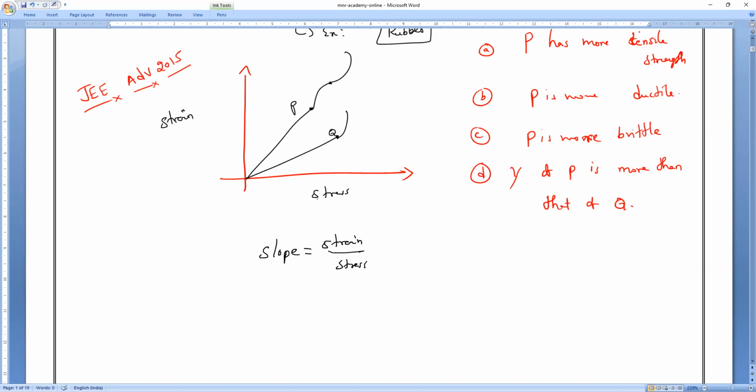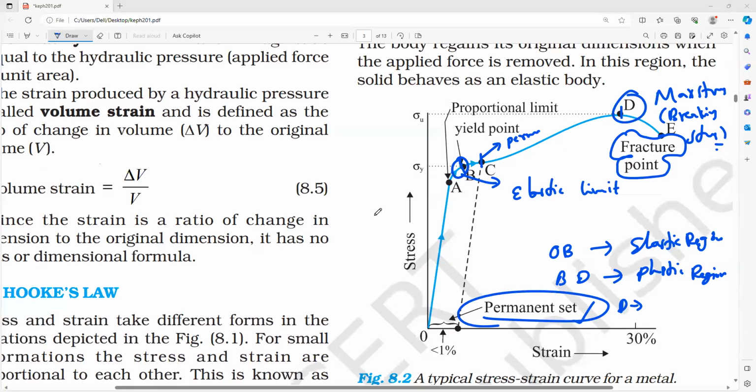Basically, just like in the electricity chapter we studied in 10th class, this graph is stress versus strain. Am I right or wrong? Yes, stress versus strain it is. But here, what is the slope formula?